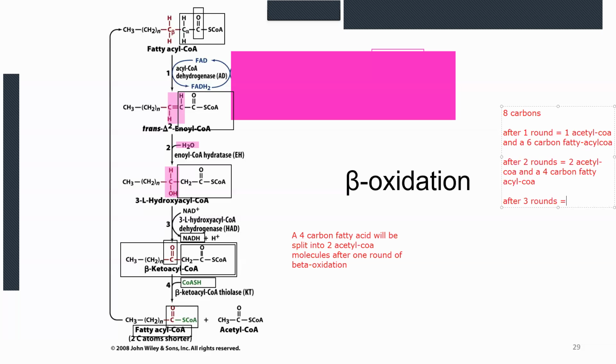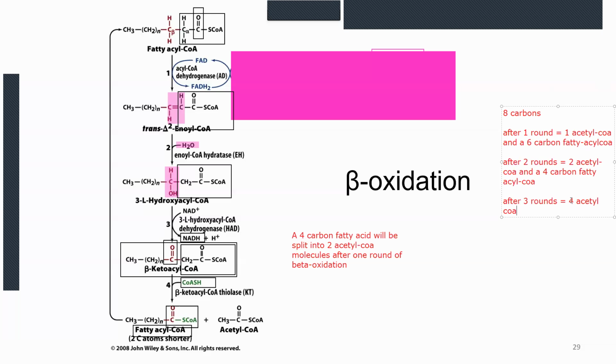After 3 rounds, you have 3 acetyl-CoA, but wait a minute. You actually don't have 3 acetyl-CoAs. You have 4 acetyl-CoAs. Because when you take a 4 carbon long molecule, let's use my fist to represent 2 carbons.